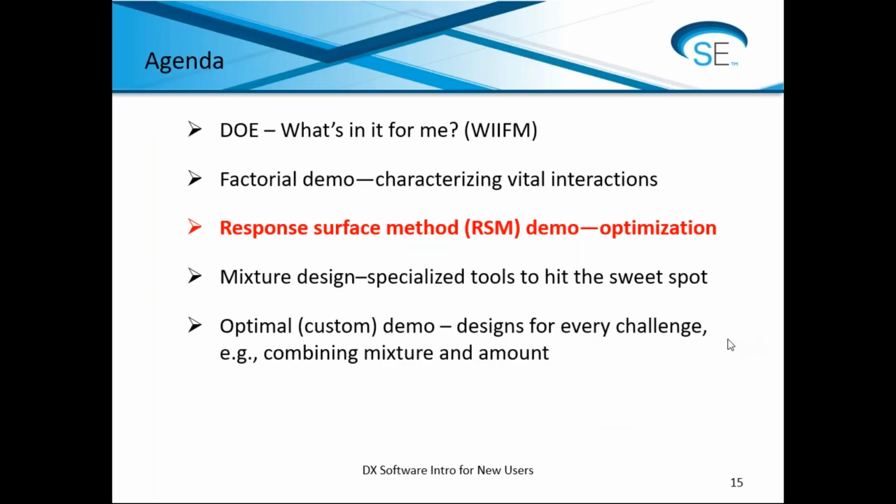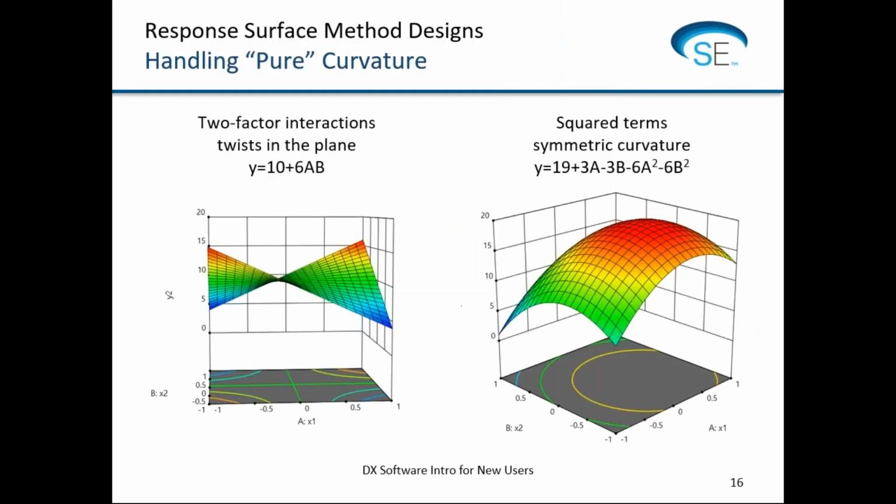Now we're going to go into a response surface design. So a little bit more power to figure the story out, a little bit more runs. So let's evaluate how this works. On the graph on the left, I've got 2 factors, x1 and x2 plotted, and the vertical axis is the response.